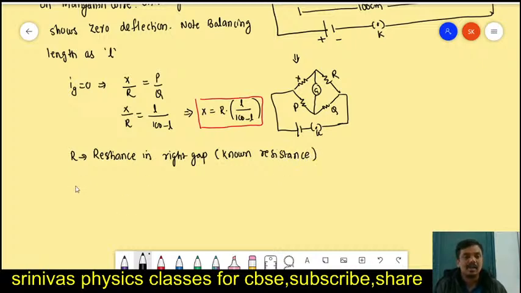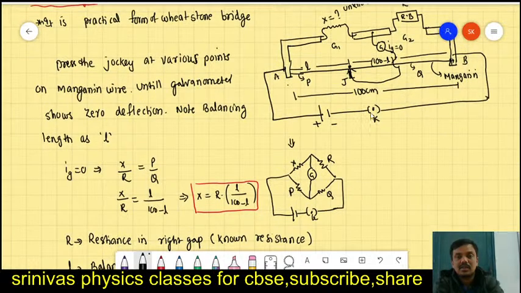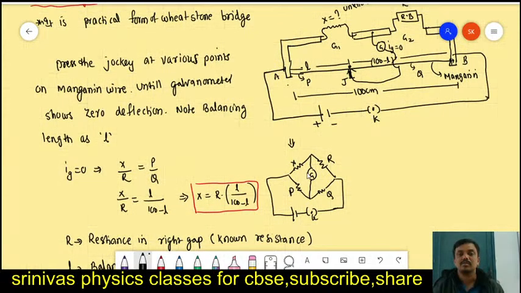What is L? L is the balancing length. Balancing length means at a particular point, the jockey is pressed at various points on the wire. J is said to be the jockey. Follow the cursor. The jockey is pressed at various points like this. At a particular point, the galvanometer shows zero deflection.